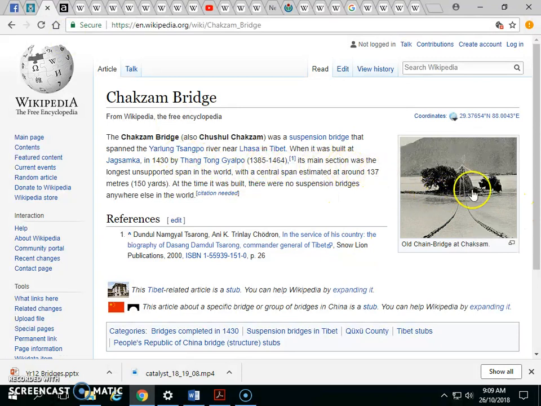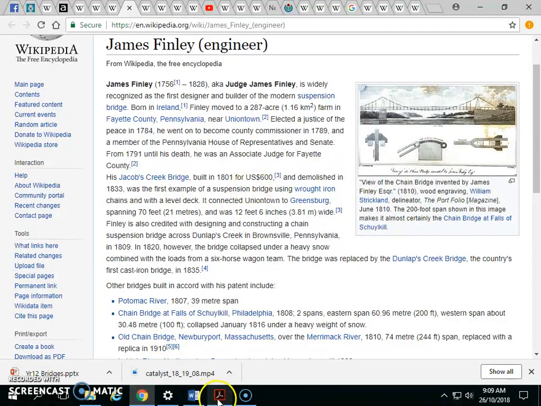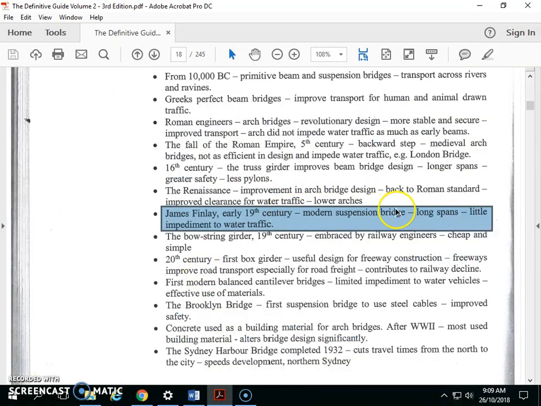So these were at a point in time the longest bridges in the world. These Tibetan chain bridges were incredibly long bridges in the Himalayas. But eventually we have Finley, and he is the first one to use these in the Western world. So he uses suspension bridges, and that is Finley's modern suspension bridge. Long spans, little impediment to water traffic.